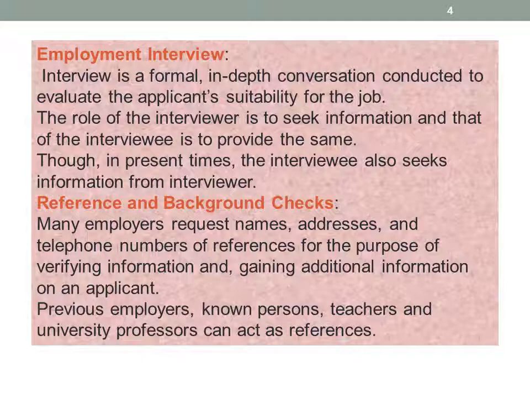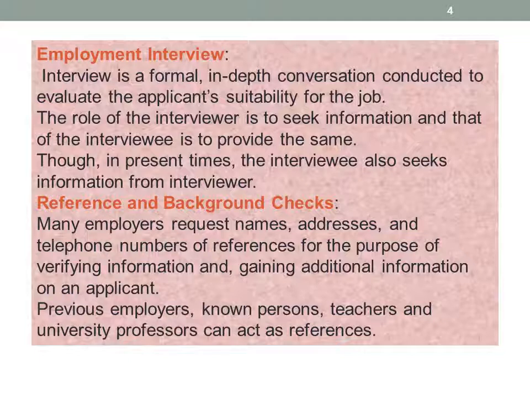What is the interview? Interview is a formal in-depth conversation. Between whom? Between the interviewer and the interviewee. The interviewer tries to seek each and every piece of information about the interviewee by interviewing him.